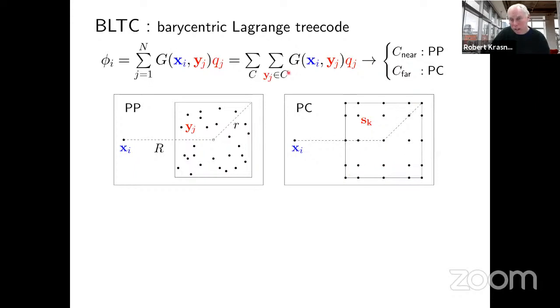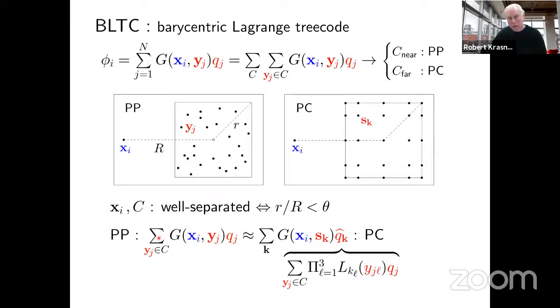And we get an expression where the particle-particle interaction becomes another particle-particle interaction, but with a different set of particles. These are proxy particles and proxy charges located at the Chebyshev points. The point is that the original direct sum and the approximation have very similar properties. The G's over here are the same kernel we have over here, just evaluated at different points.